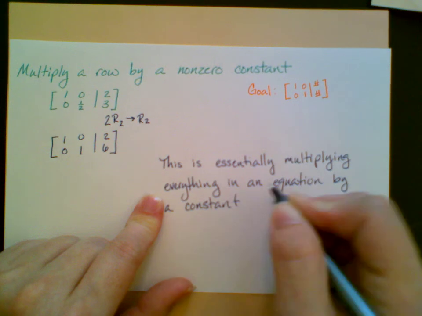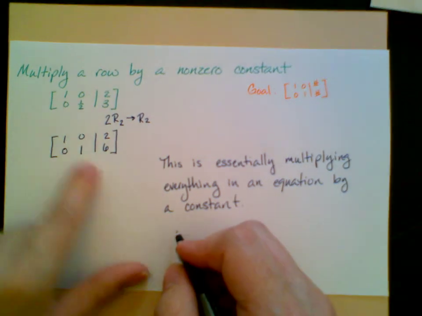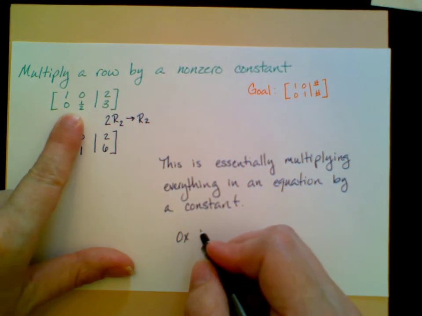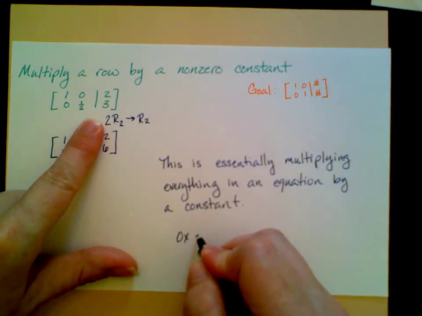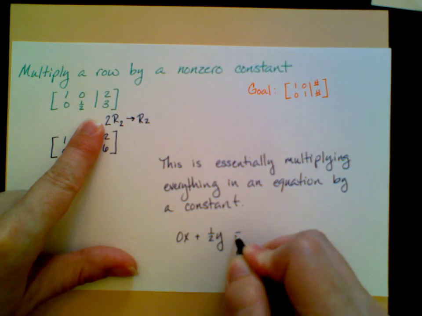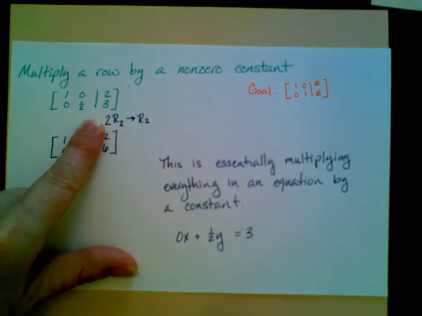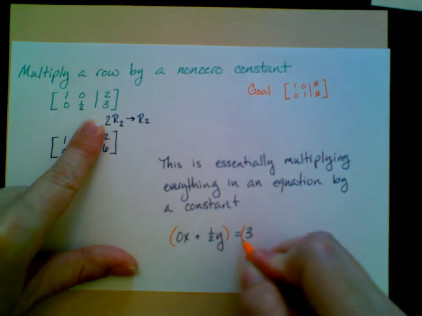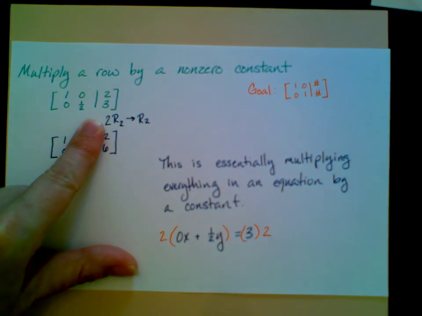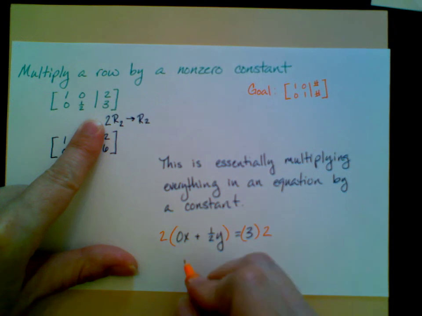So in this example, this original equation, this row represents the equation 0x plus 1/2 y equals 3. And I am allowed to multiply both sides of an equation by a non-zero constant, and then distributing.